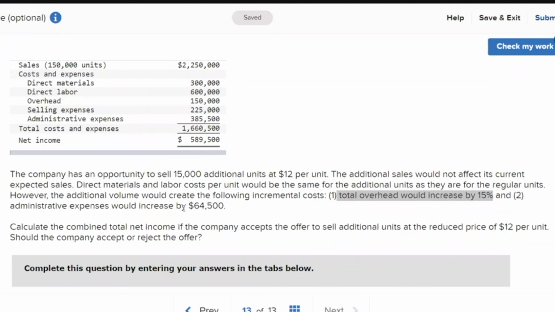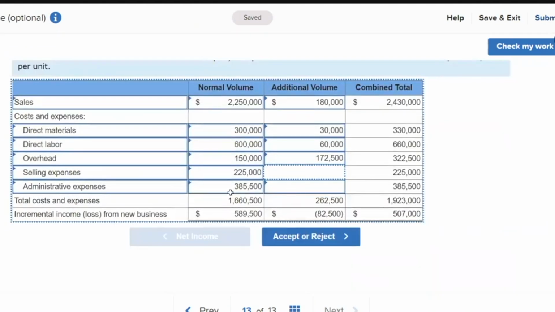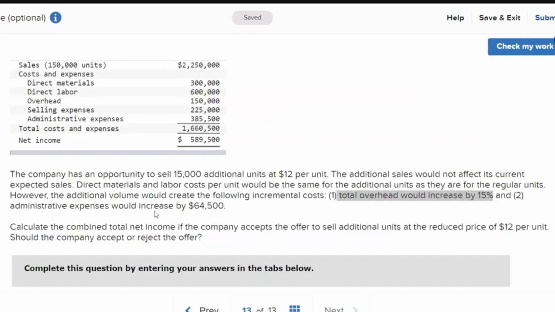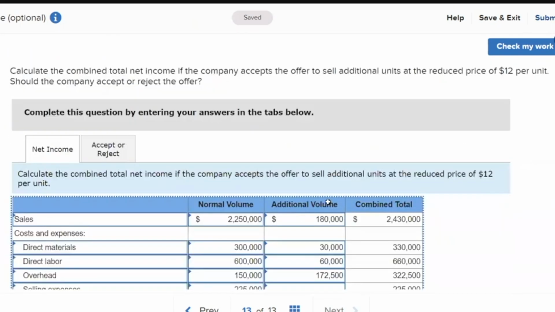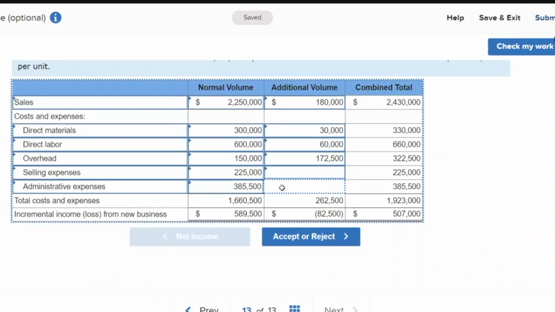Well, it didn't say, but administrative would increase by 64.5. Wait a minute. Okay. So one thing here, I'm double counting the overhead, right? This is just for the additional 15,000 units. We're not going to have an additional 172.5 of overhead. We're going to have an additional 22,500, right?